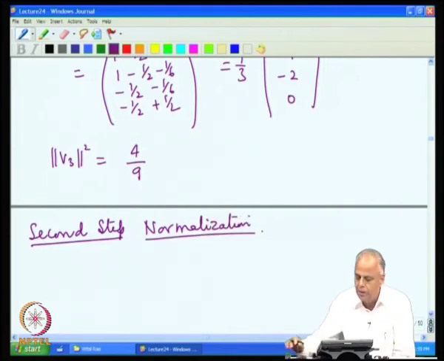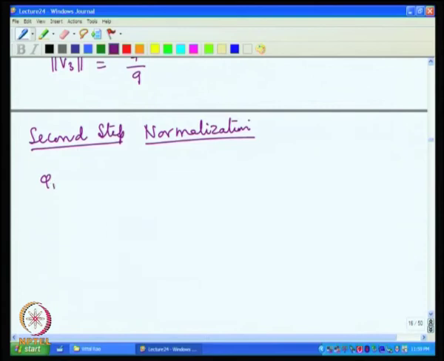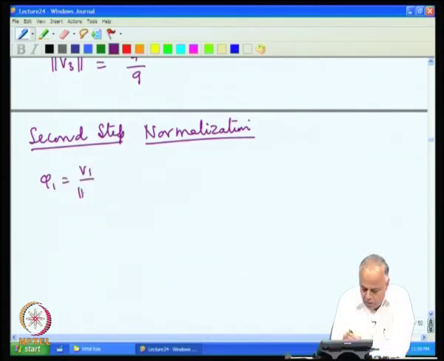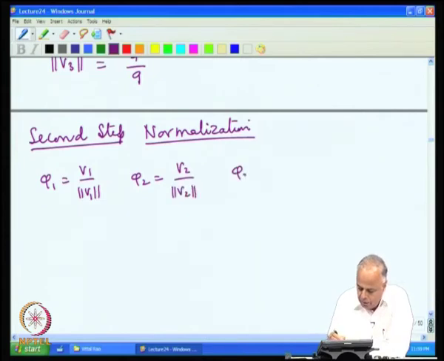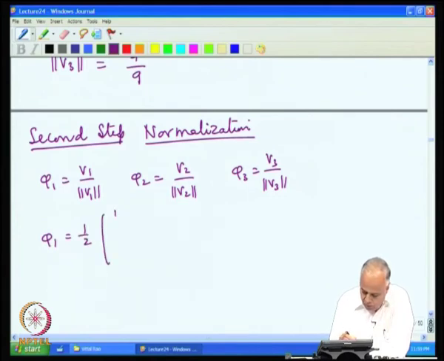In the normalization process, all we have to do is divide V 1 by its length, V 2 by its length, V 3 by its length. So, we define phi 1 as V 1 by norm V 1, phi 2 as V 2 by norm V 2 and phi 3 as V 3 by norm V 3. When we do that, we get phi 1 to be 1 by 2 into 1 1 1.